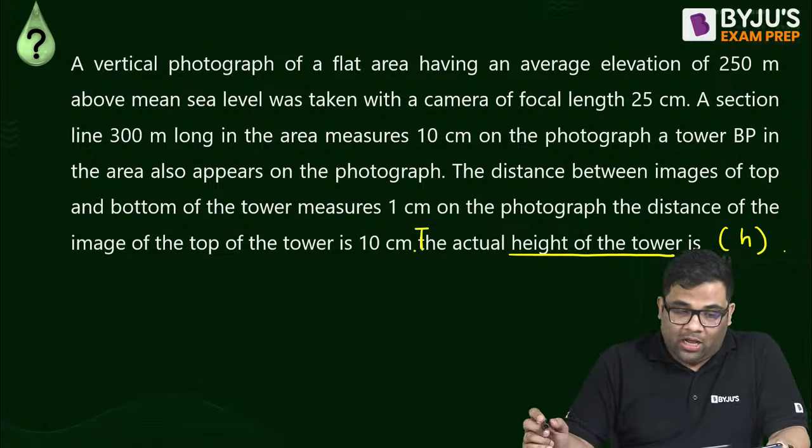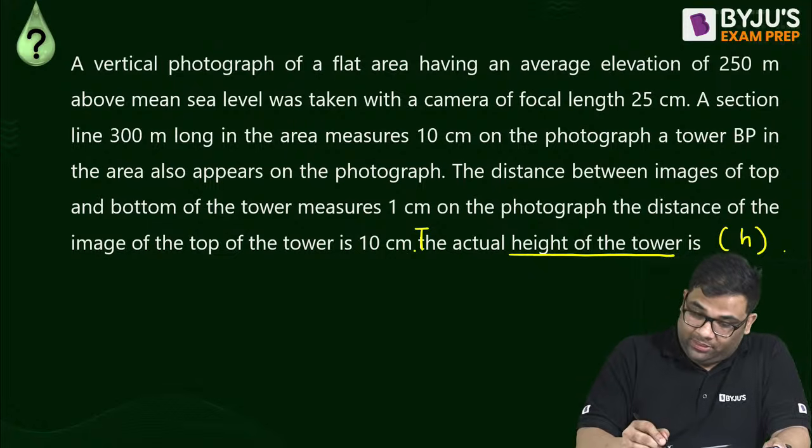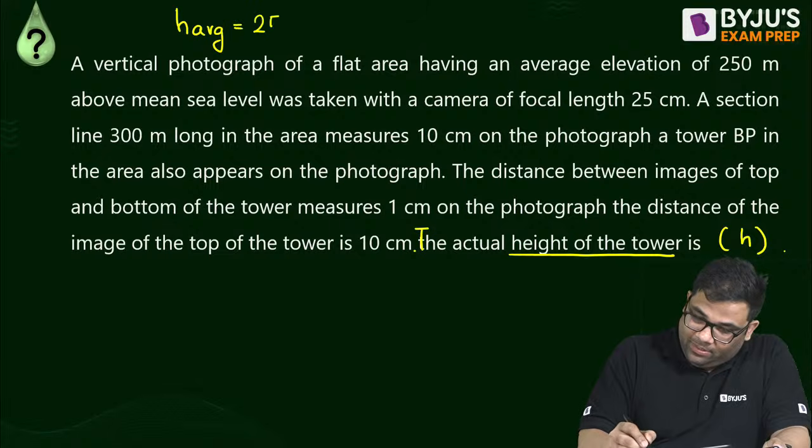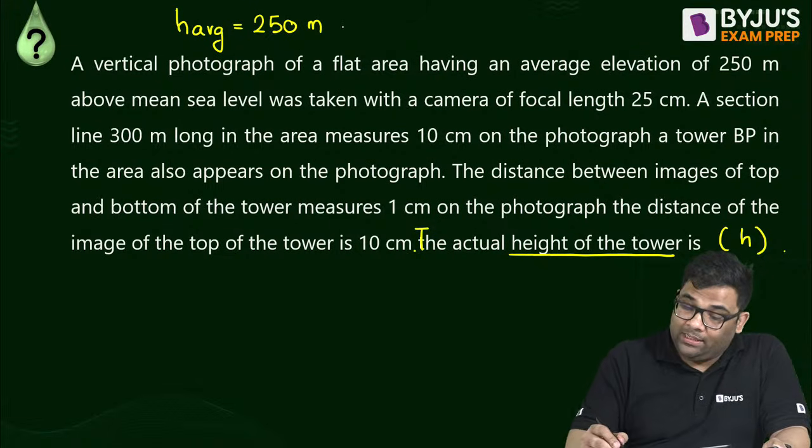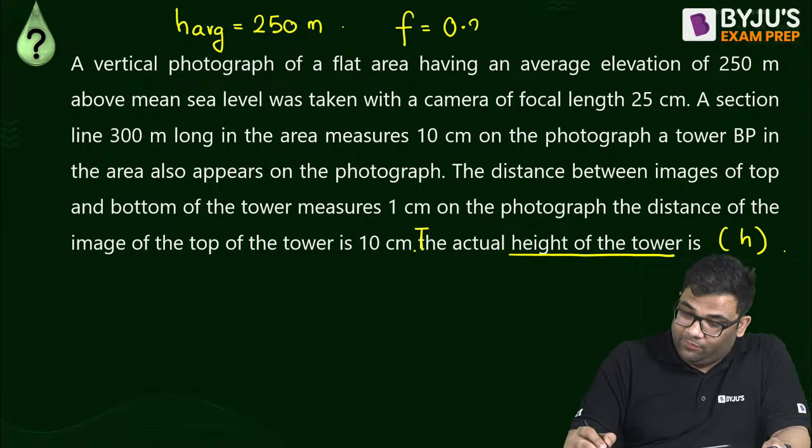A vertical photograph of a flat area having average elevation of 250 meter above sea level was taken with a camera of focal length 25 centimeter. So the focal length is given as 0.25 meter.